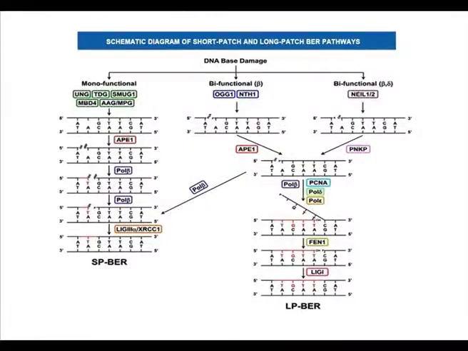N-methylpurine DNA glycosylase, or MPG, is able to remove a variety of modified purine bases. The AP sites in the DNA that result from the action of BER enzymes are repaired by AP endonuclease 1, or APE1. APE1 cleaves the phosphodiester chain 5' to the AP site.